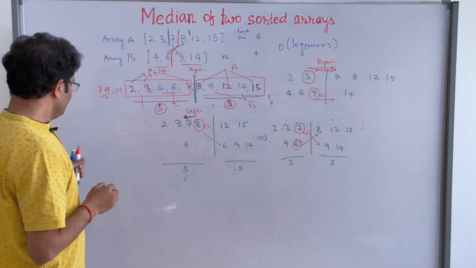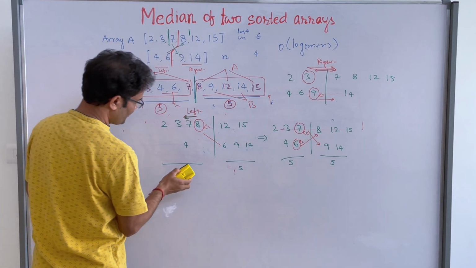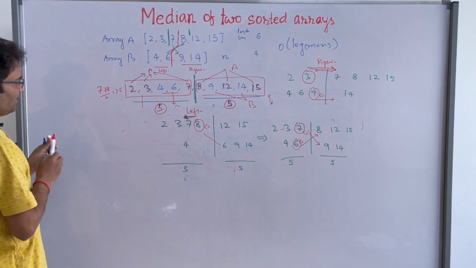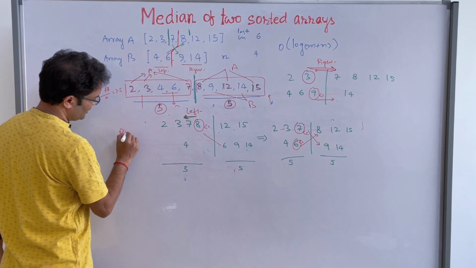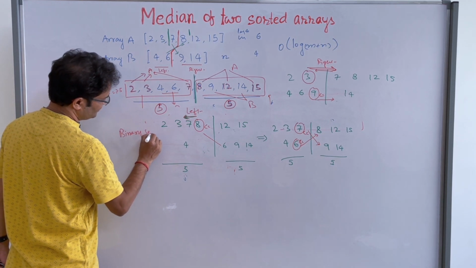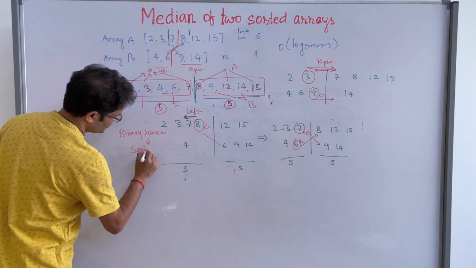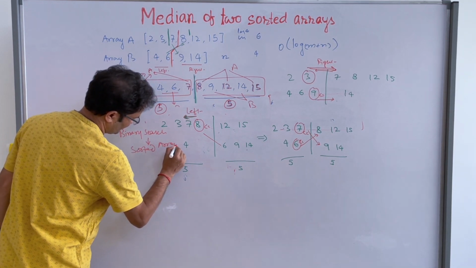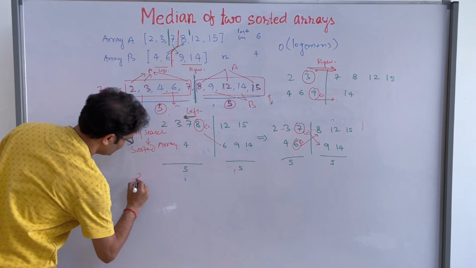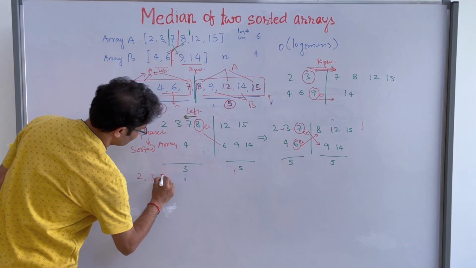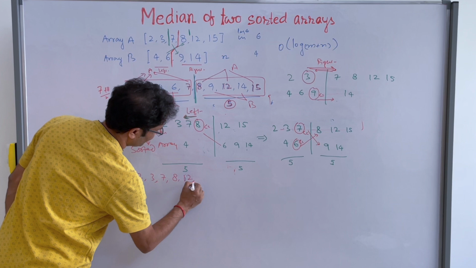So I just want to recall one thing. If you remember about binary search, right? When we studied binary search, it can only happen with a sorted array, right? So suppose I have these numbers 2, 3, 7, 8, 12 and 15.